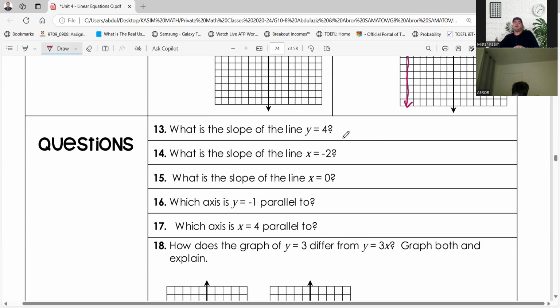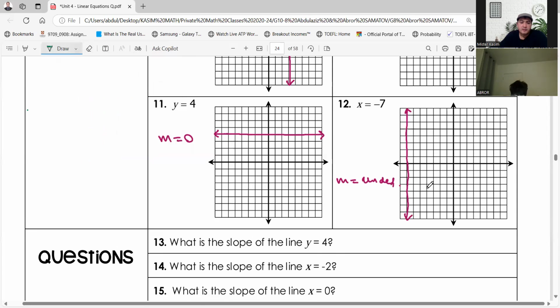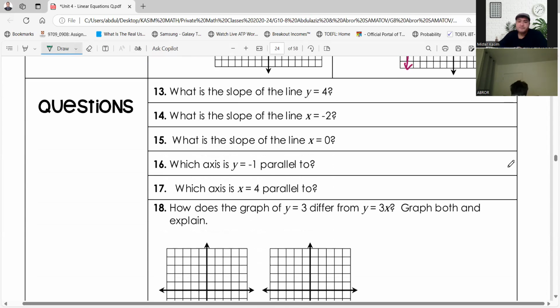Once again, we know that a horizontal line has slope 0. A vertical line has slope undefined, right? Okay. Now let's answer these questions. Question 13. Read the question.